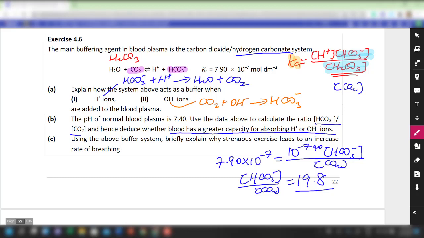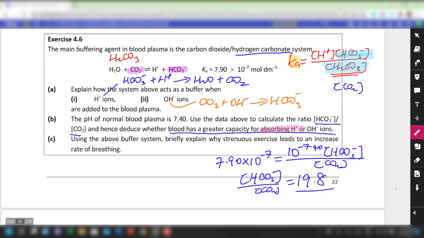Therefore our blood is better at absorbing H plus as compared to OH minus. I hope from this question you get to see that the ratio from 1 to 10 all the way to 10 to 1 is not a hard and fast rule. It's just a range where it's usually like that, but it's not always the case depending on the system.